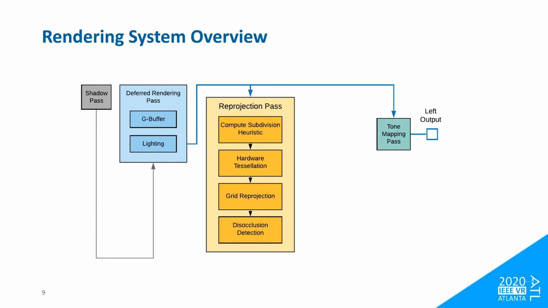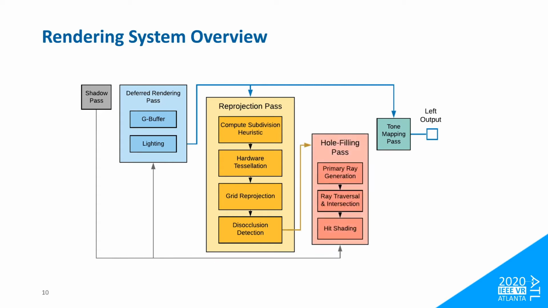We detect these regions and discard the associated pixels from the output image. The resulting holes are then filled with correct information in a subsequent ray tracing pass. And finally, the finished reprojected image is tone mapped and submitted to the right portion of the output display.